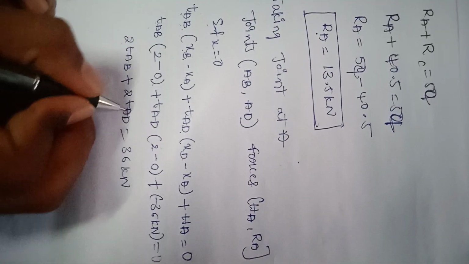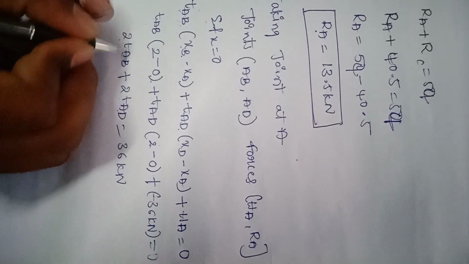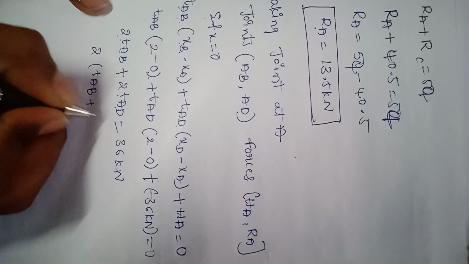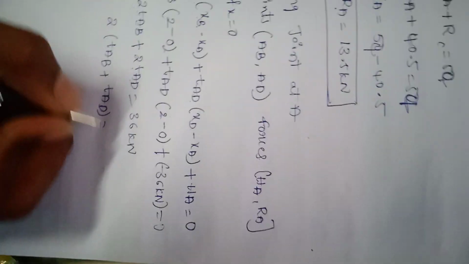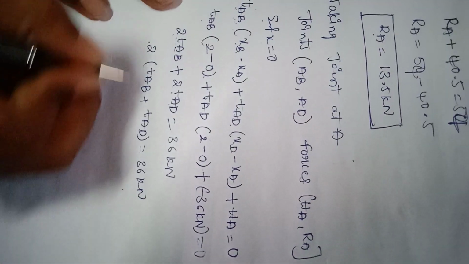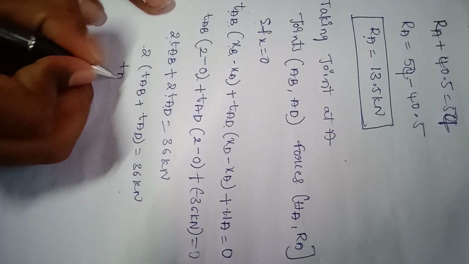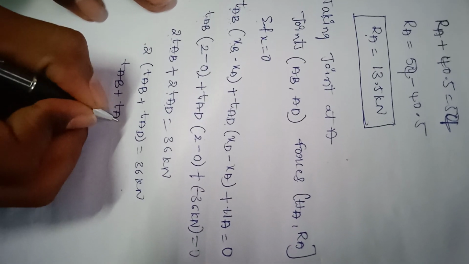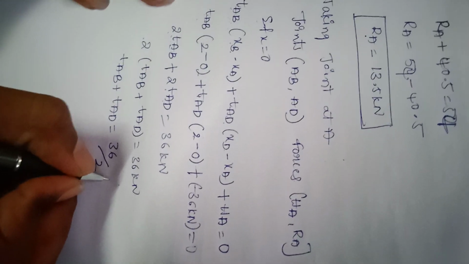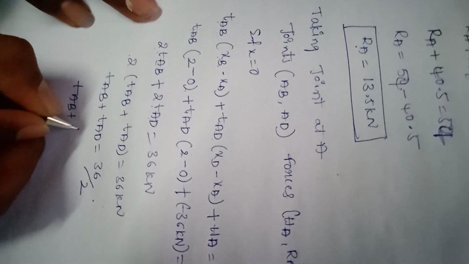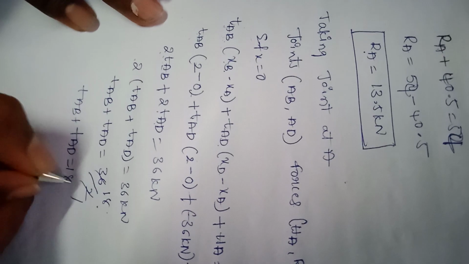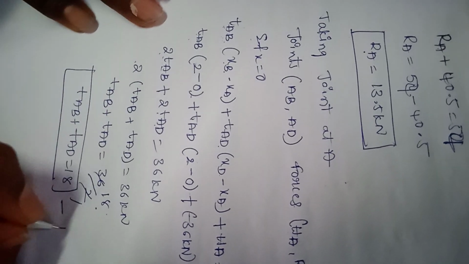Here 2 is common, therefore 2 into T of AB plus T of AD equals 36 kilonewtons. Sending the 2 to the right side, T of AB plus T of AD equals 36 by 2, that is 18. This is considered to be equation 1.